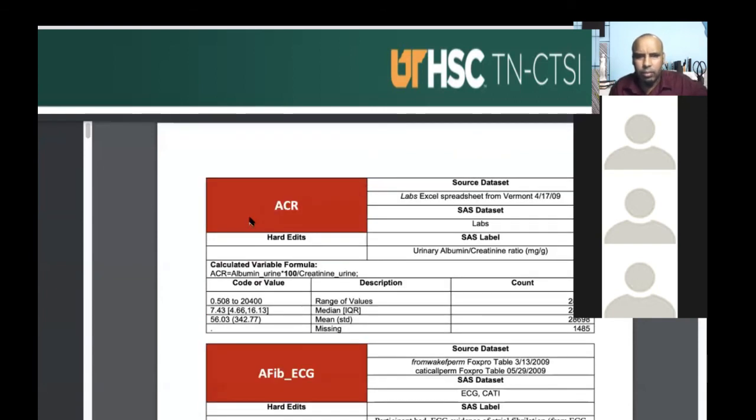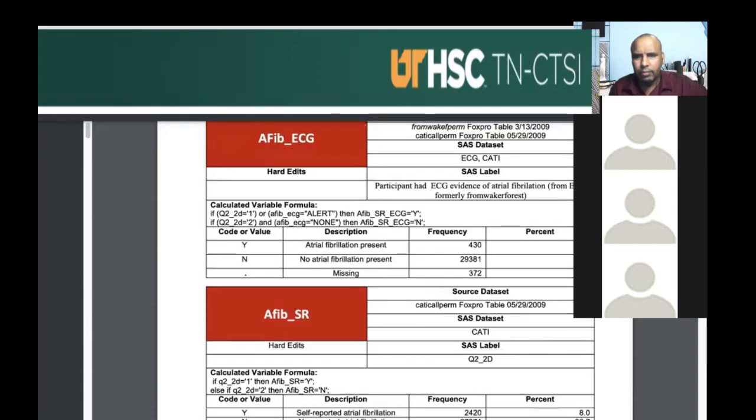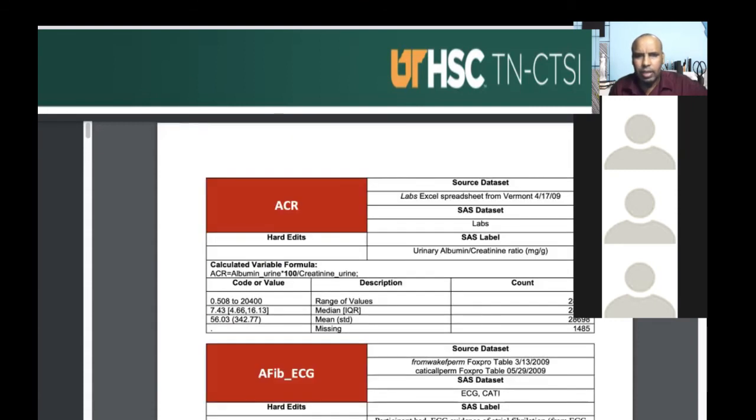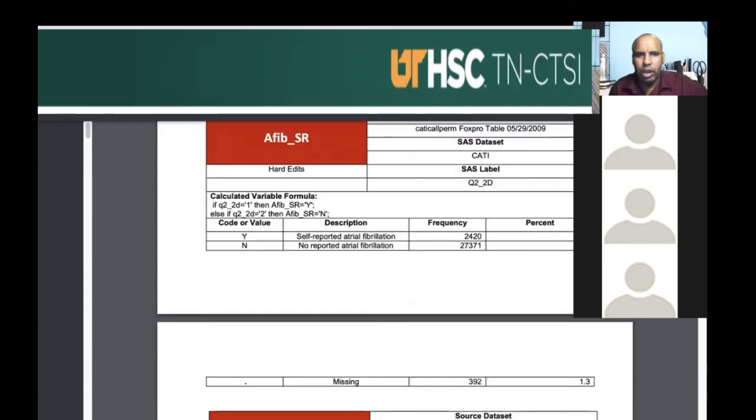For example, they have the source of data. This is generated using SAS. ACR is a variable name, and this is how it is generated: urinary albumin divided by creatinine ratio, in milligram per gram. It's calculated, and then we have AFB ECG. We have a description about that, and this is about the data that are generated, or derived variables.